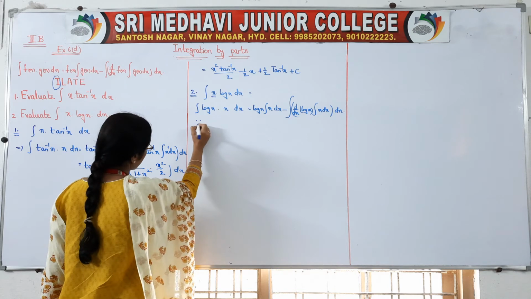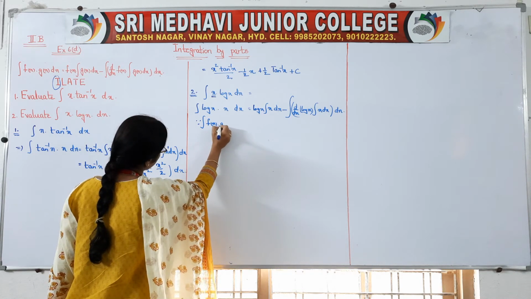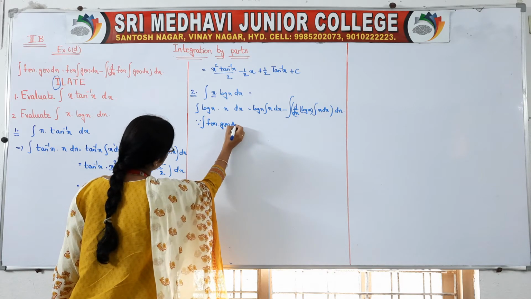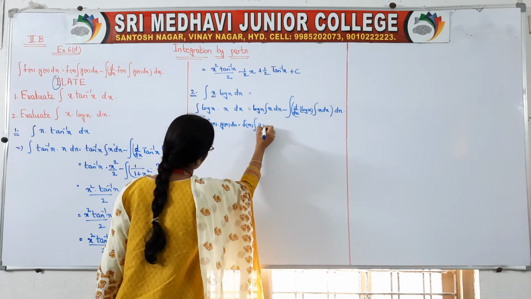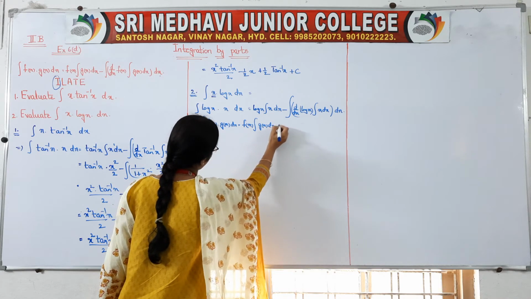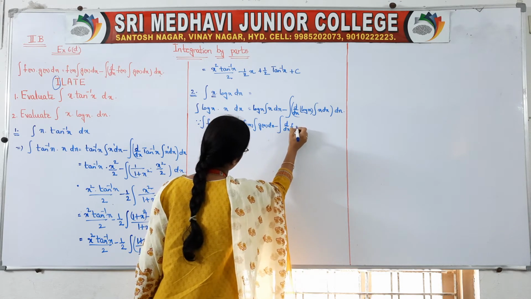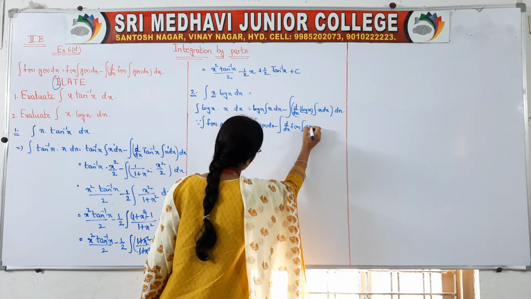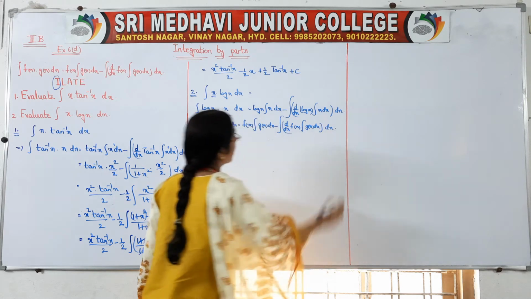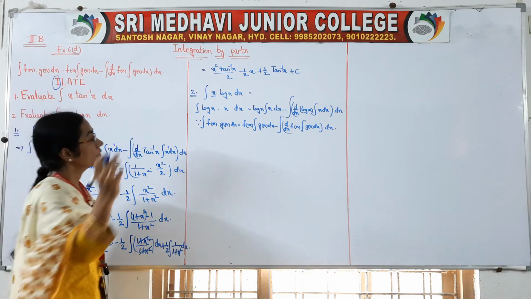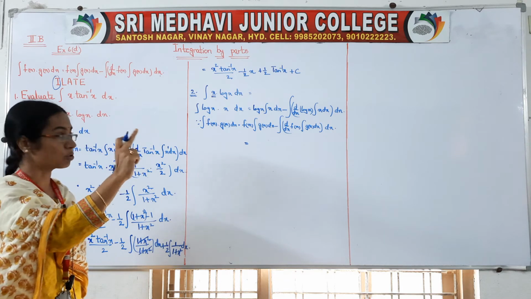We have to mention the formula: integral f of x into g of x dx is equal to f of x integral g of x dx minus integral of d by dx of f of x integral g of x dx whole dx. Therefore, by applying that formula we have taken those values.